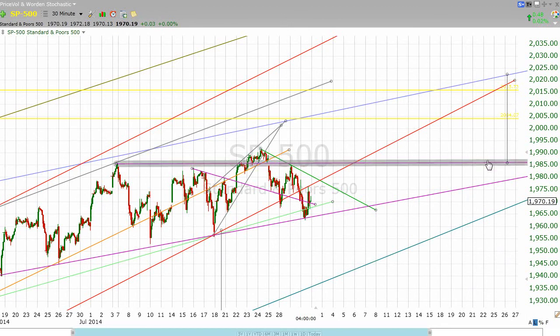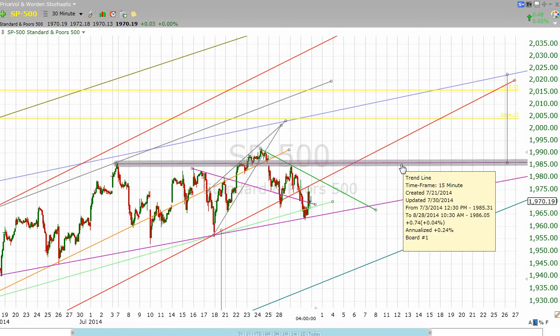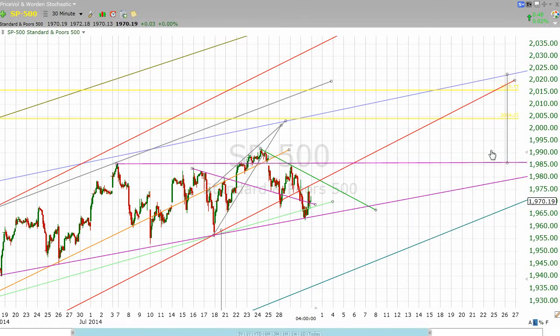Now, based upon the revised line right here, I think we could be looking at something in excess of that 2016 and looking at something more like 2022. But if we break down, then we are looking at a likely loss of approximately 135 to 140.